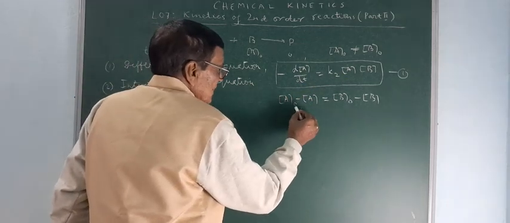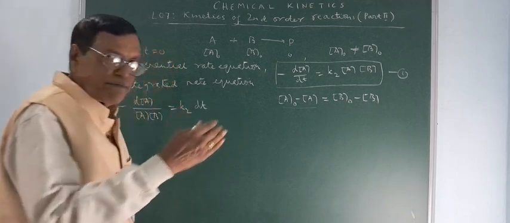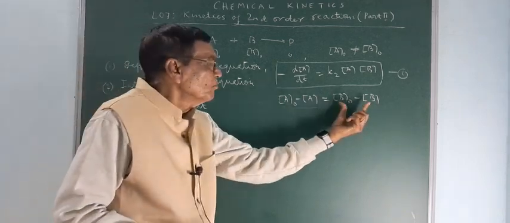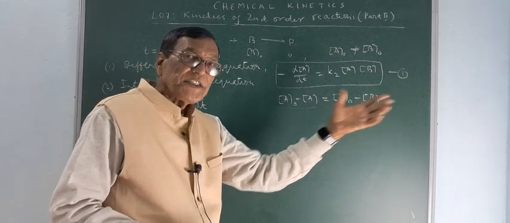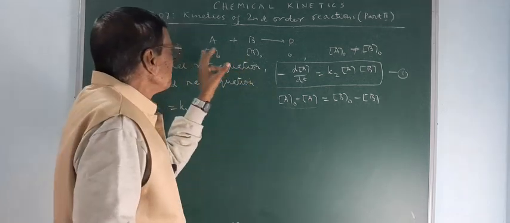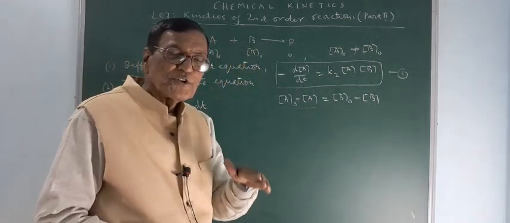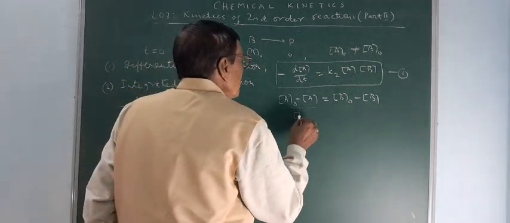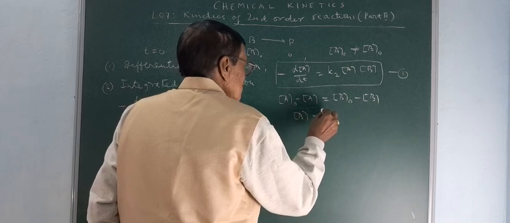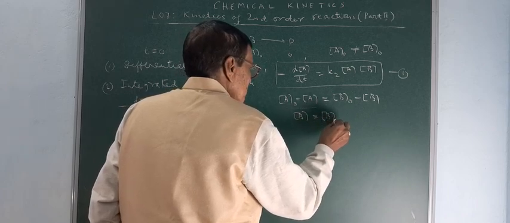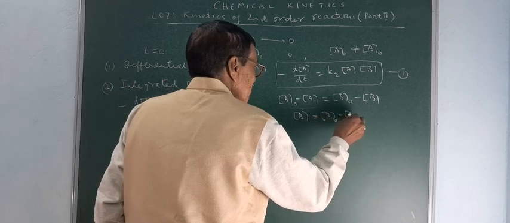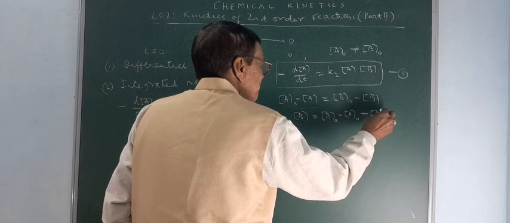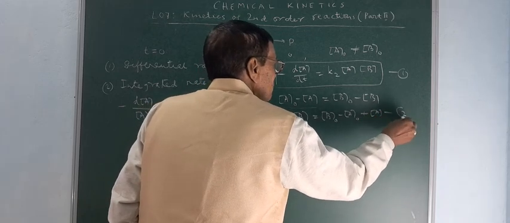This one is the moles of A reacting, and this is the moles of B reacting. Since A and B combine in a 1:1 mole ratio, these two are the same. So B can be replaced by B naught minus A naught plus concentration of A. This is equation number 2.